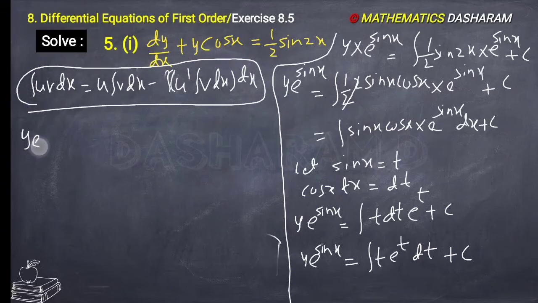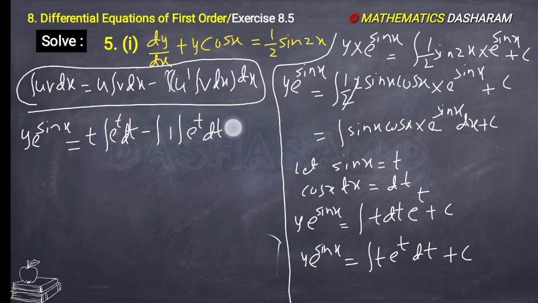So y into e to the power of sin x equals, here u is t, integration e power t dt minus integration, u dash means derivative of t, that is 1, integration e power t dt, whole dt.